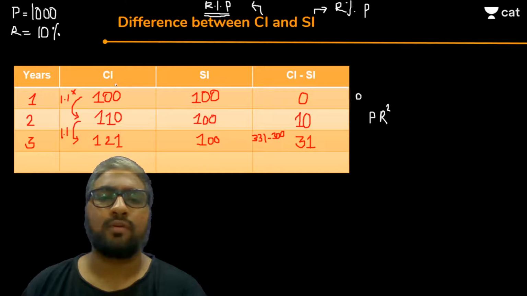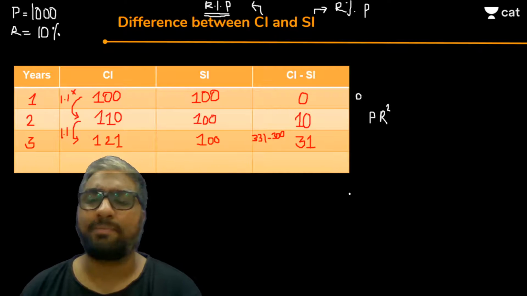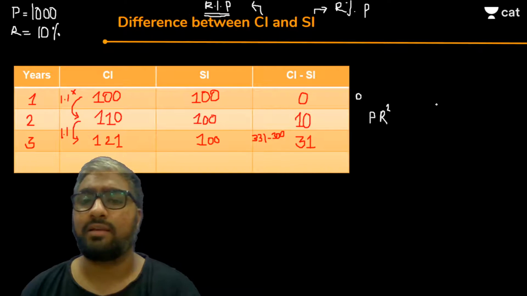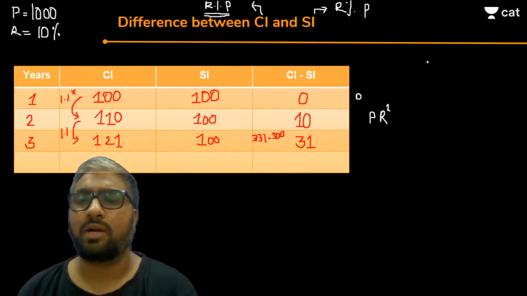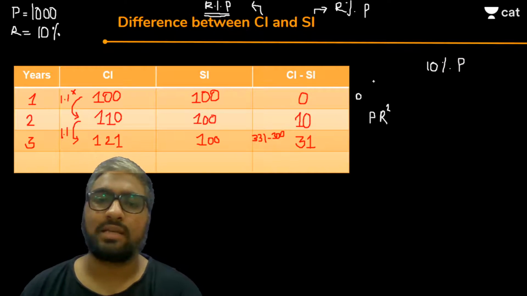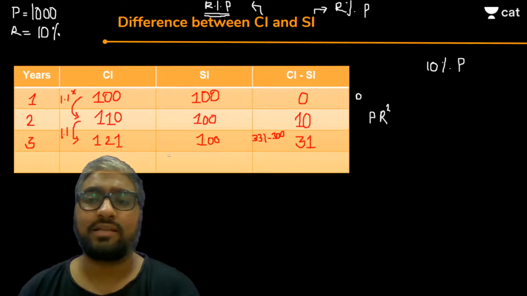Let's repeat the algebra portion of it. So what happens in the first year? 10%. Okay, forget R, P and all that. We are talking about the first year's compound interest. First year's compound interest would be 10 percentage of P. Do you agree? What would be the second year's interest?